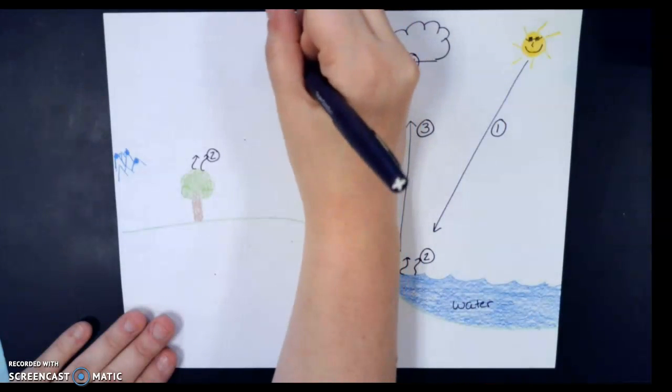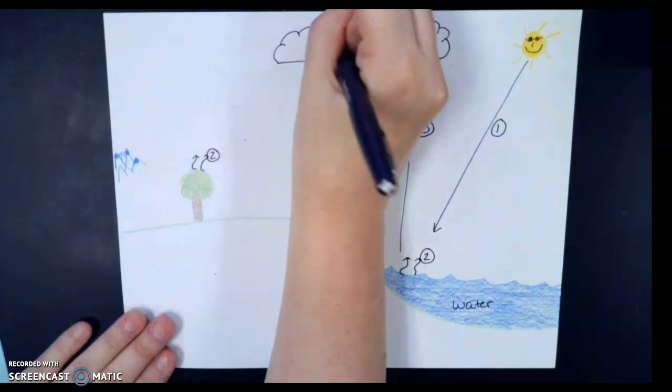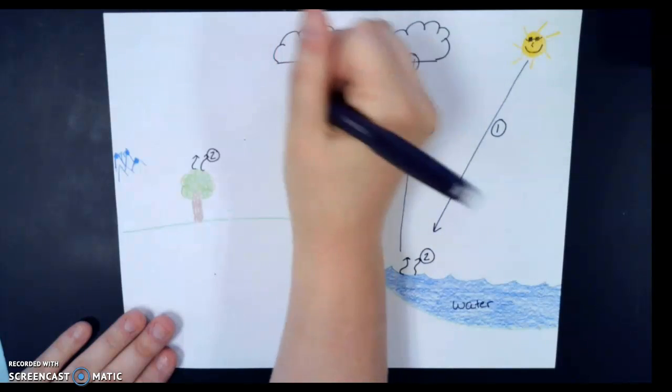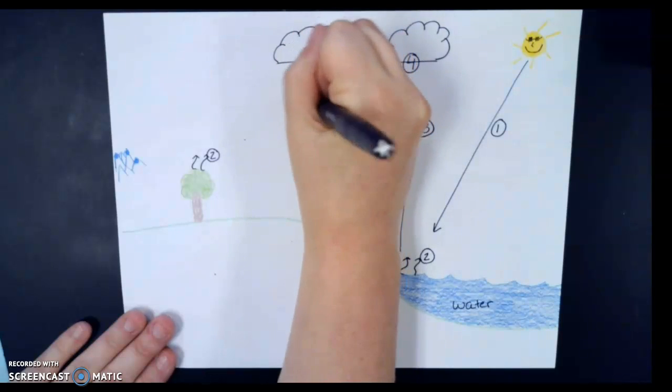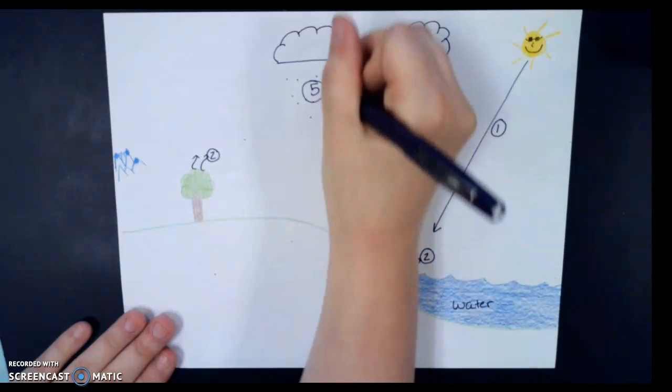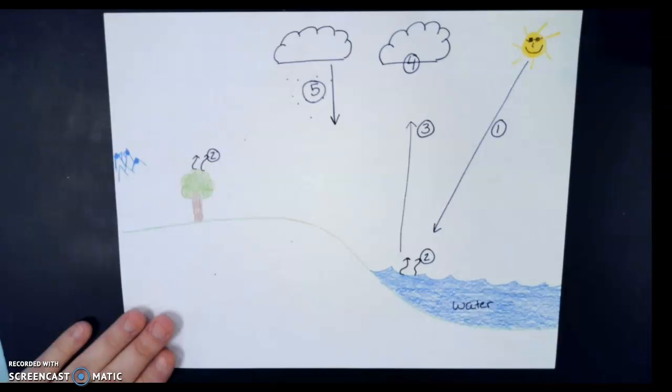Those clouds are going to fill up with water. And eventually, we'll have precipitation falling to the ground. Now, a few things can happen to our water when it reaches Earth.